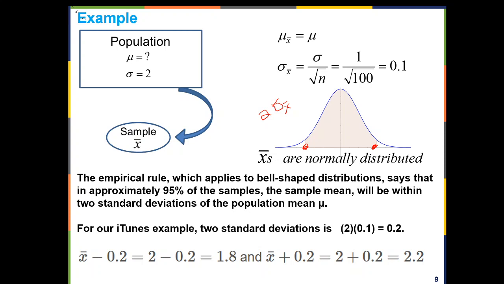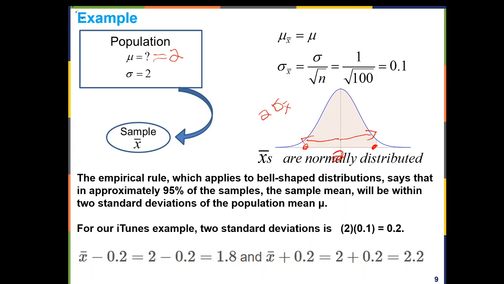If we assume that the 2 we found is actually the mean, sitting in the middle, then how much can we be off? We could be off by 2 standard deviations to the right and 2 standard deviations to the left.